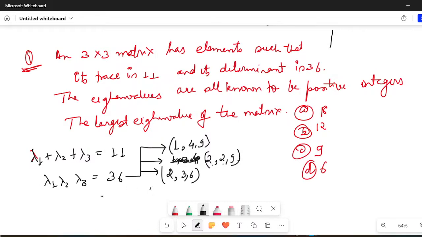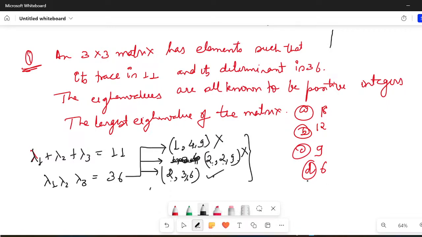If you use 5, 5 cannot be there. Overall there can be several other groupings, but you have to think about which of them satisfies the trace. 9 plus 4 is 13 plus 1 is 14, no. 9 plus 2 is 11, plus 2 is 13, no. 2 plus 3 is 5, 5 plus 6 is 11. So this is the correct answer.